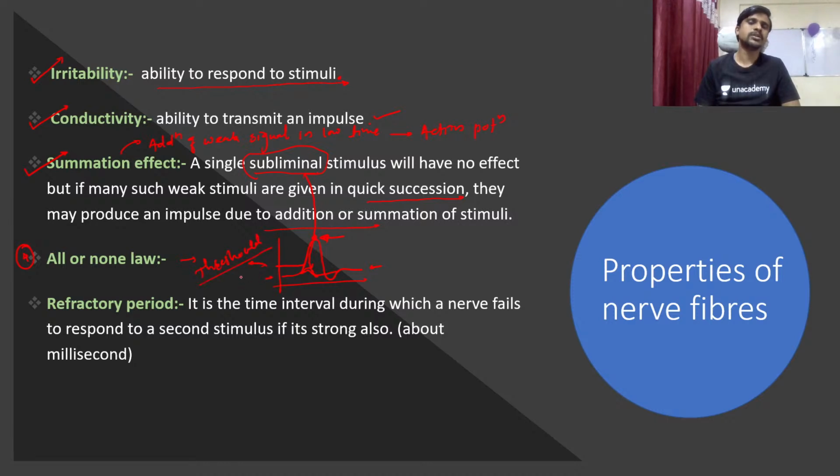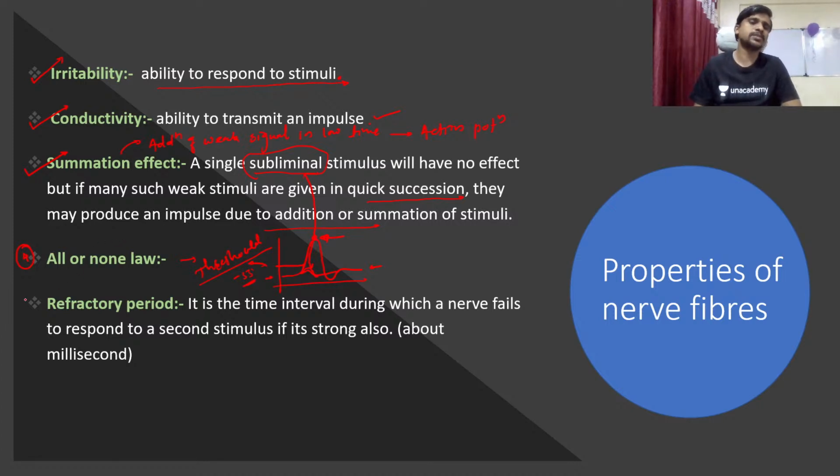The threshold stimulus is -55. The signal must reach -55, otherwise if it is smaller it will not start the action potential. That is why we call it the all or none law. Either it is activated or it will not activate. There is no condition in which a neuron is slightly activated or half activated. So that's why we call it all or none. Either it is activated completely or it will not activate.